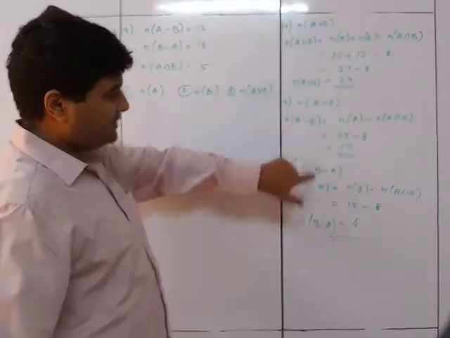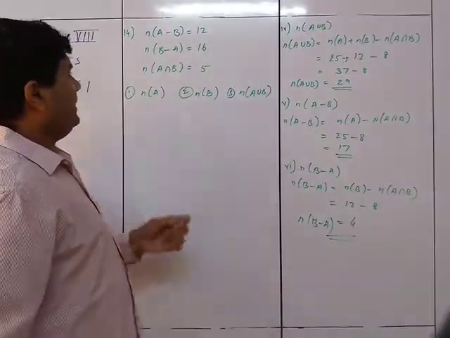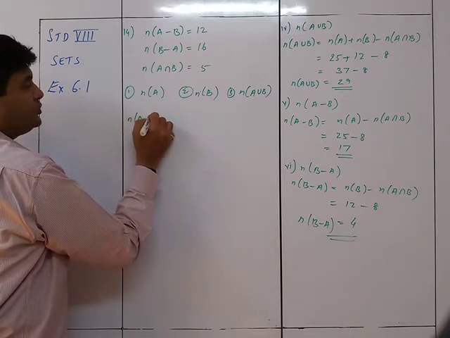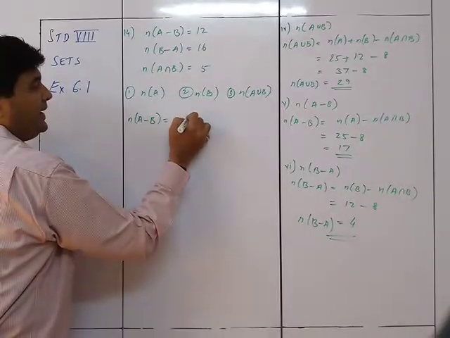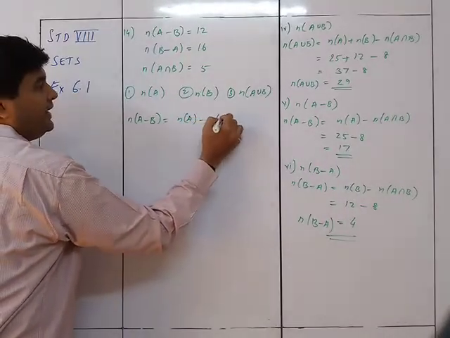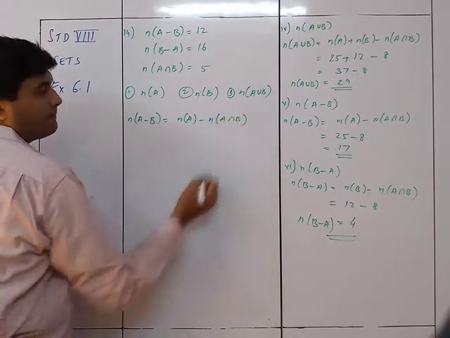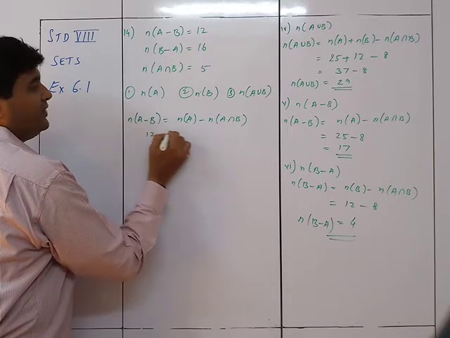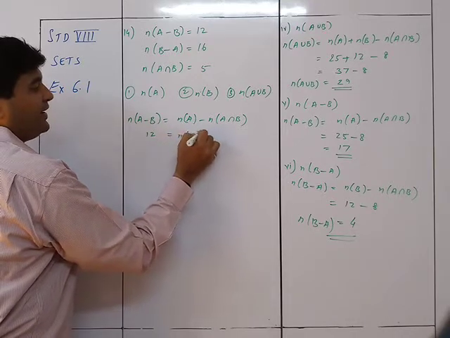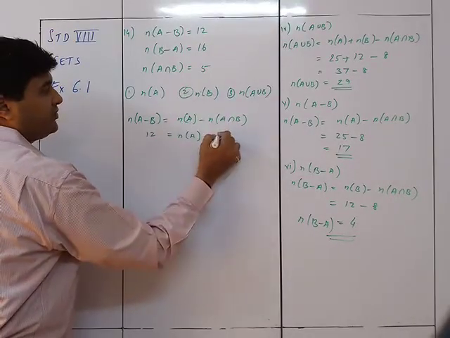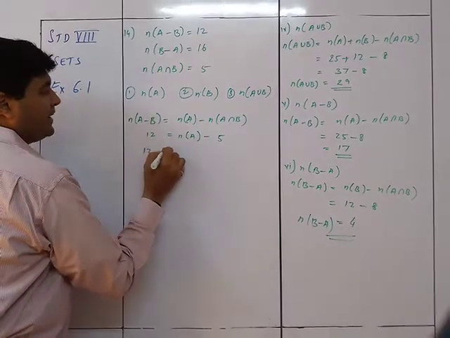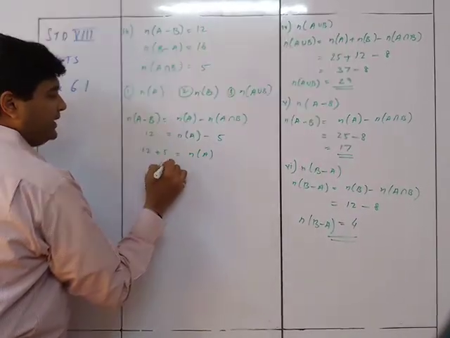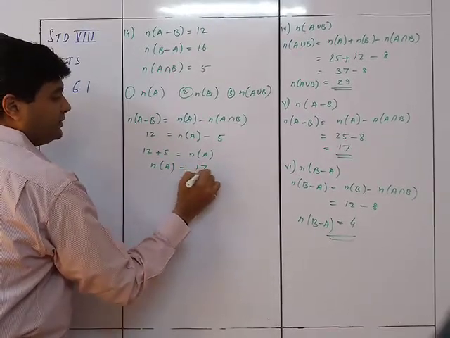There are two formulas we can use to get A and B. Let's take the first one: n(A minus B) equals n(A) minus n(A intersection B). So A minus B is 12, n(A) is what I need to find out, minus 5. So 12 plus 5 is equal to n(A). So n(A) is equal to 17.